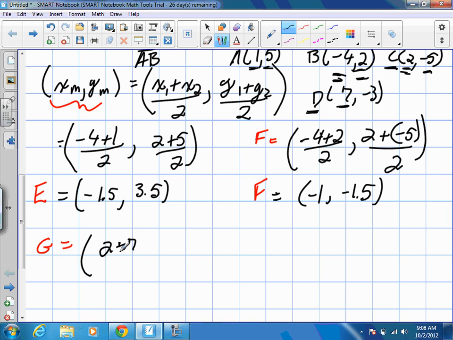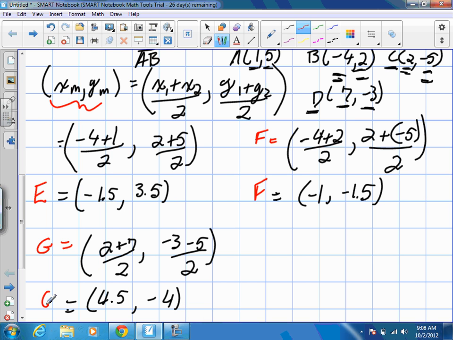I'm going to speed this up. Our two y values are negative 3 and negative 5. Negative 3 plus negative 5 is the same as subtracting 5. 2 and 7 is 9, divided by 2 is 4.5. Negative 3 and negative 5 is negative 8, divided by 2 is negative 4. So there's our G.